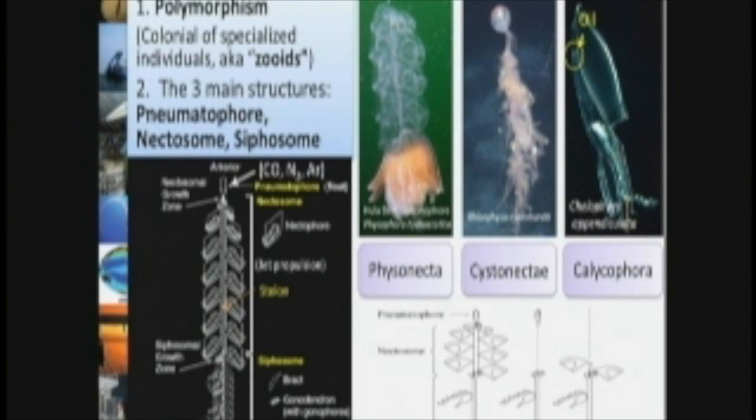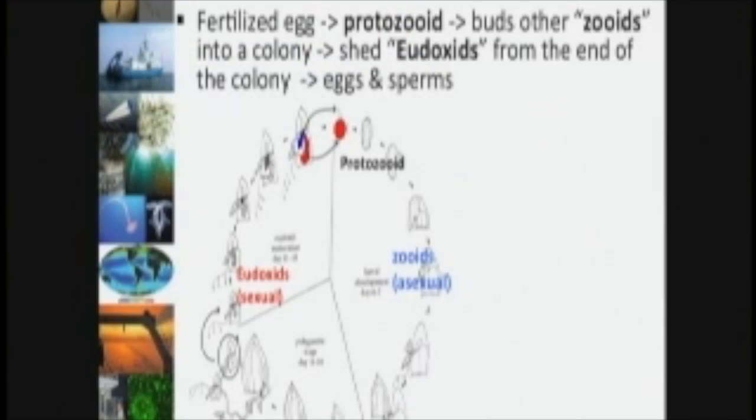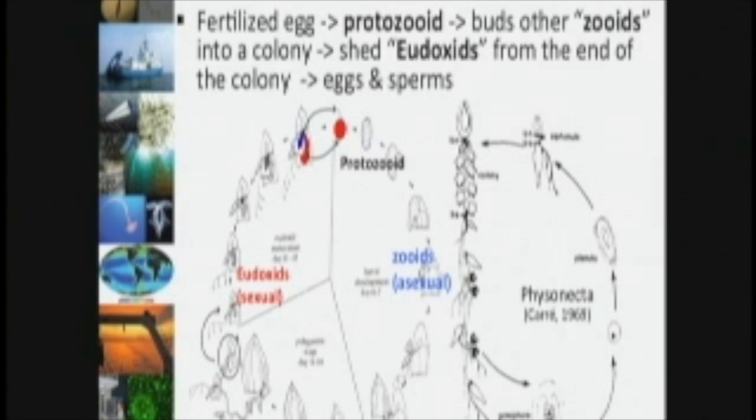And they have a traditional asexual and sexual alternating reproduction cycle like the other jellyfish. And their life cycles are all very similar. The fertilized egg will develop into a protozooid, and the protozooid will further develop into a zooid, which will asexually bud into a whole colony.